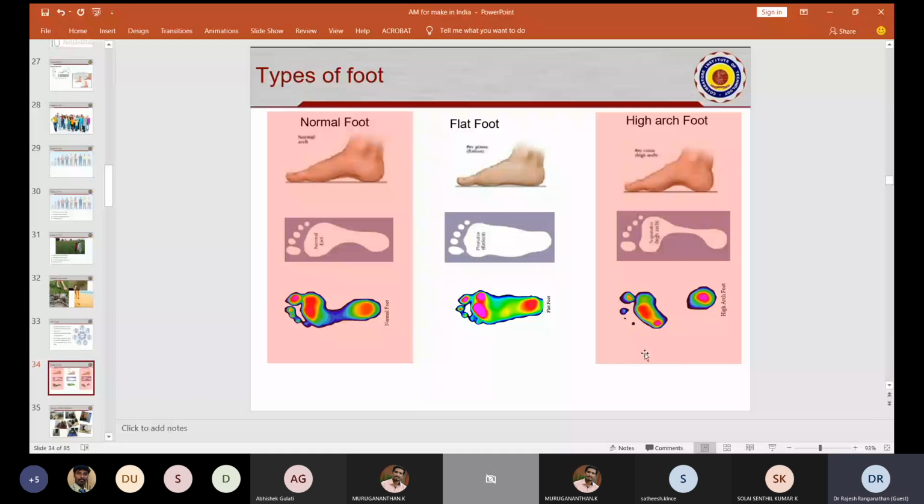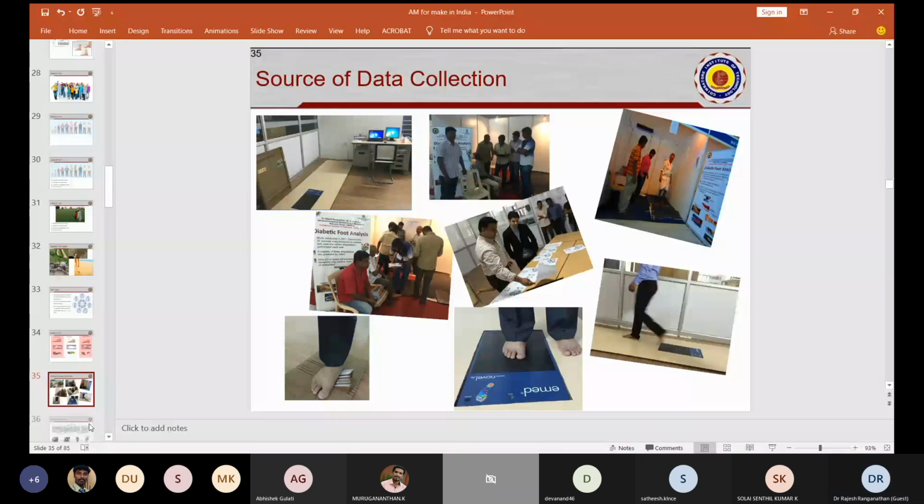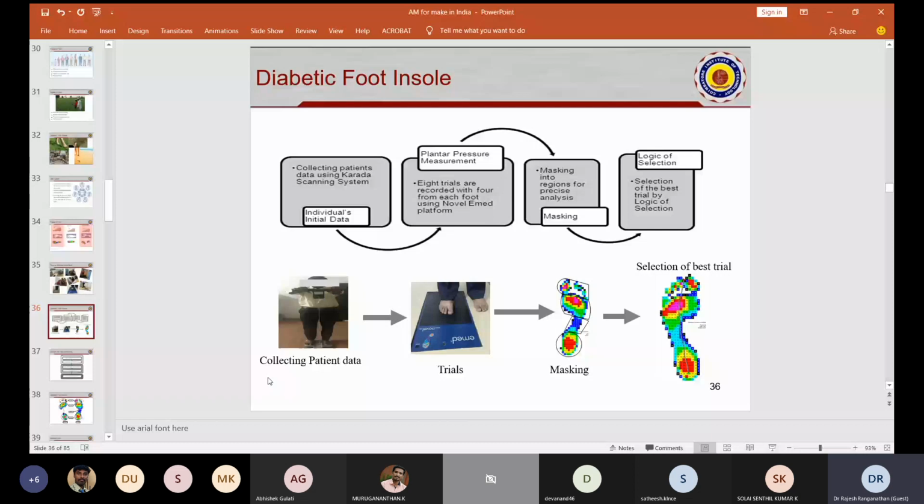To measure those pressure points, we used a device used by orthopedicians to understand the gait cycle after a hip surgery, which is a pressure platform. We made the diabetic patients walk over the pressure platform, and as they walked over it, we captured the pressure distribution data.